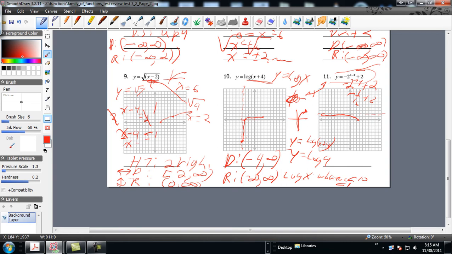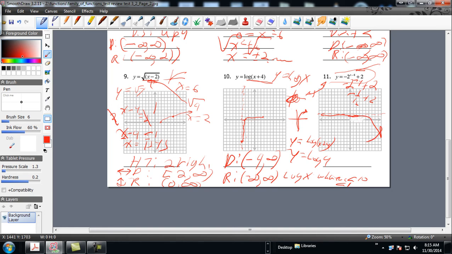So x is equal to 1 plus 4, which is what? 5. So now he's going to cross at 5. I'm going to clean this up just a little bit. Give me an eraser. And he's going to cross at 5. 1, 2, 3, 4, 5. He's going to dive at 5 right there.